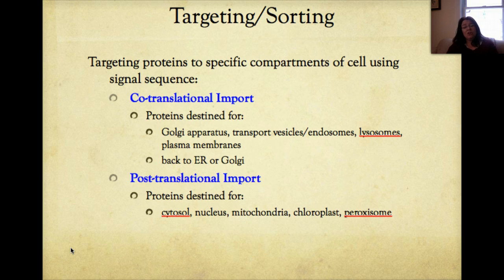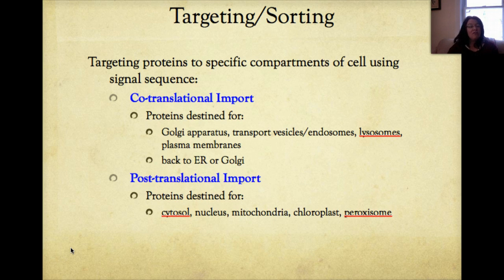The other way that co-translational import can be used is to get proteins that are ultimately destined to go to the ER. In other words, if the final destination for a protein is the ER, it has to move through other organelles first and then basically go back to the ER. Same thing for the Golgi. You'll see proteins that get passed through co-translational import through the ER, through the Golgi, and then back to the Golgi, which is their final destination.